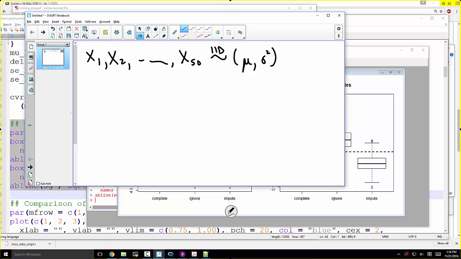So our usual estimate of mu is the sample mean, mu hat, and our usual estimate of sigma squared is a sample variance, call it S squared. Then the standard error of x bar, our estimated SD of x bar, is S over the square root of n.